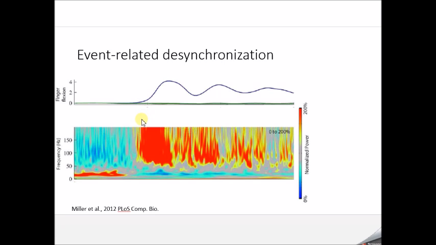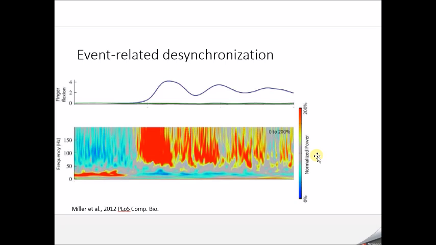We see right before this event where they start moving their thumb, the frequency profile of the neural signal on the bottom here changes. On the x-axis here is time, the y-axis is frequency, and the color axis is the power in each of these frequencies.